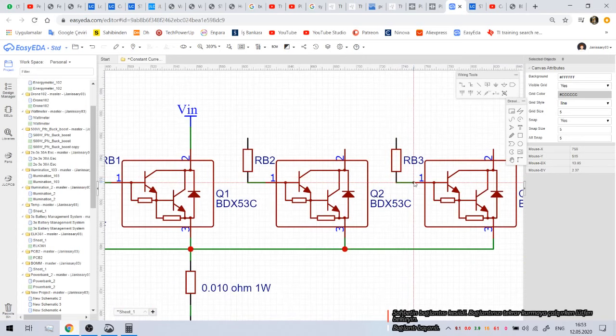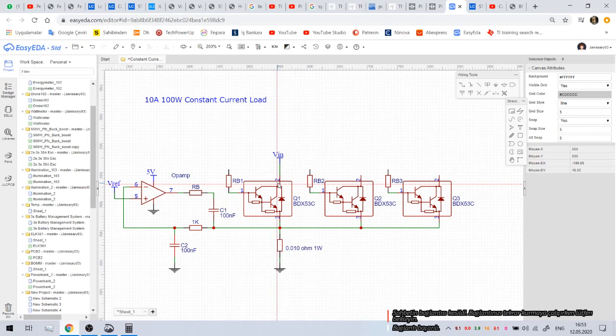We need to use an RB for every transistor, because every transistor is unique. They are not the same. All the BDX53Cs are different.